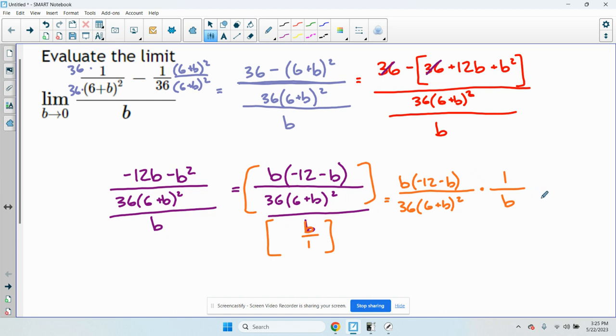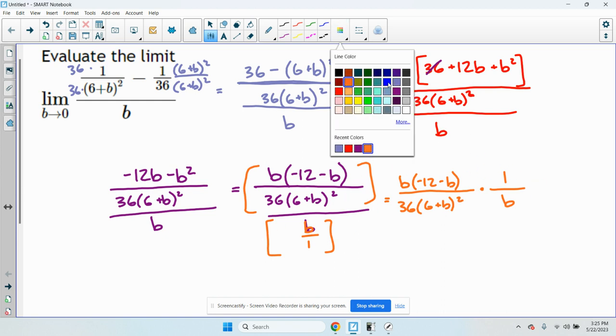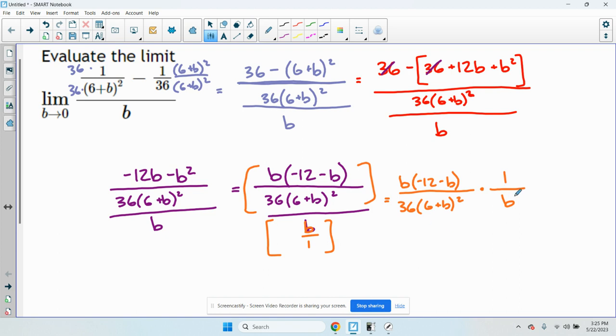It just makes the next step more obvious. So now I can see I have a b on the numerator. It's all multiplication. B on the numerator, b on the denominator. I can cross this out. So I'm left with negative 12 minus b on top over 36 times 6 plus b squared.